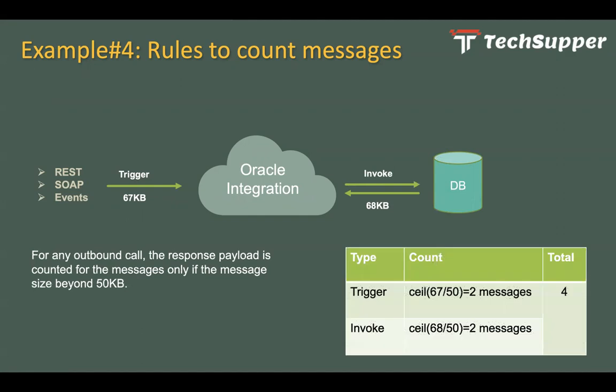Then how many messages will be deducted? 67 divided by 50 comes to 2 messages, and the 68 KB payload, 68 divided by 50, means 2 messages. In total, in this scenario, 4 messages will be deducted from your message pack.